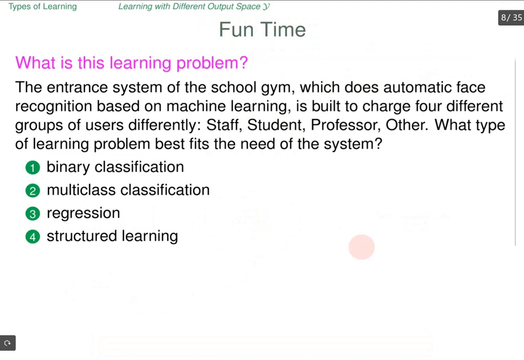Now, let's take a look at this quiz based on what we have seen so far. What is this learning problem? The entrance system of the school gym, which does automatic face recognition based on machine learning, is built to charge for the different groups of users, different staff, let me highlight, staff, student, professor, and others.